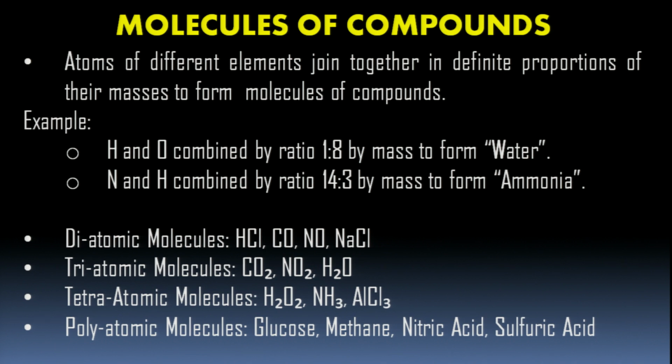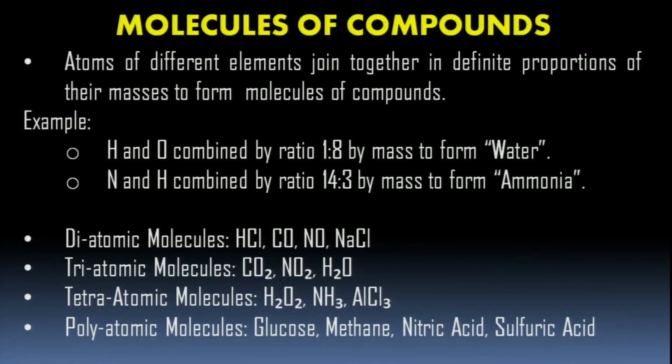Similarly, children, let's go for the example. Triatomic molecules. CO2: 1 atom of carbon and 2 atoms of oxygen form the triatomic molecule of carbon dioxide, nitrogen dioxide and water. Okay?